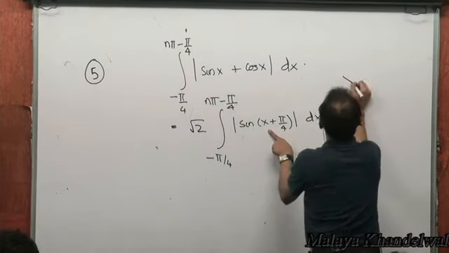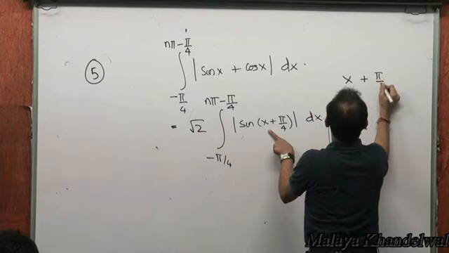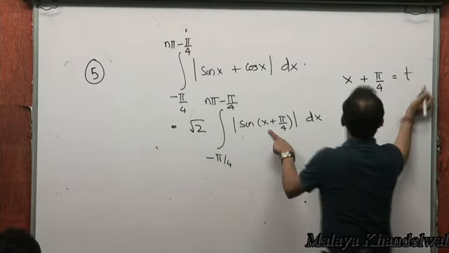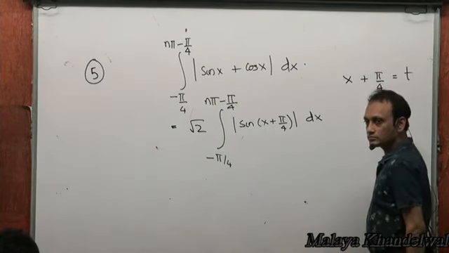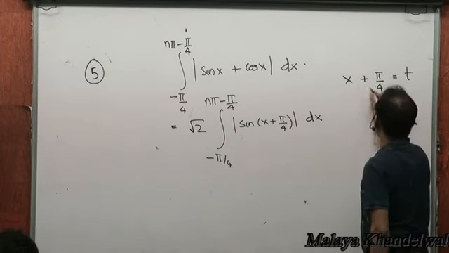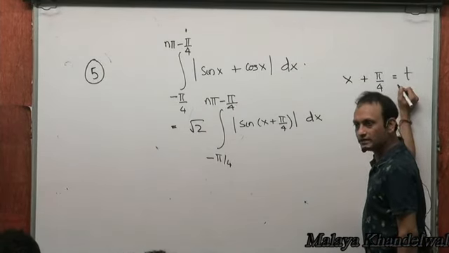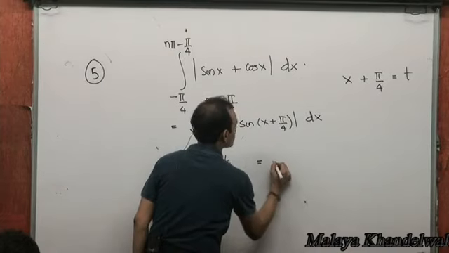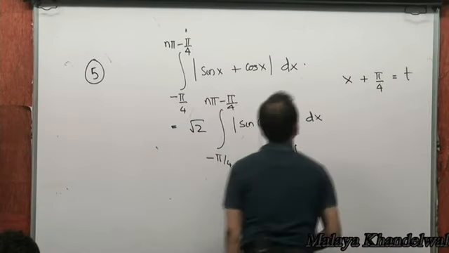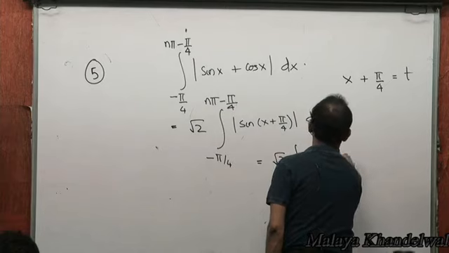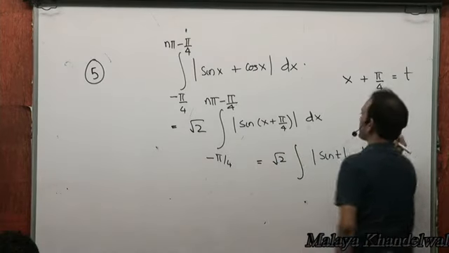Let me make x plus pi by 4 my subject of integration, say t, so then obviously dx will be the same as dt. This is root 2 integral mod sin t dt.